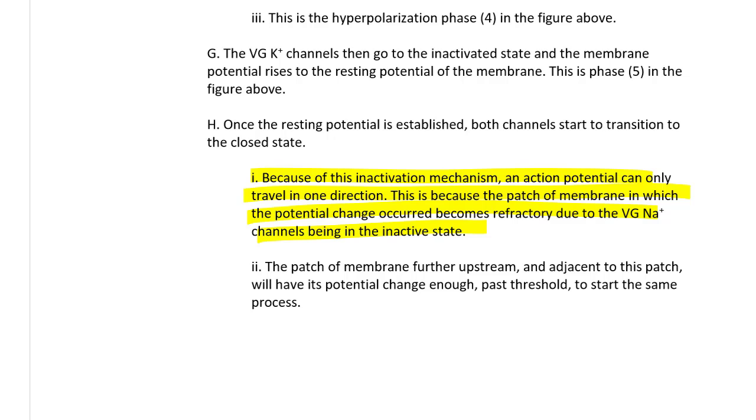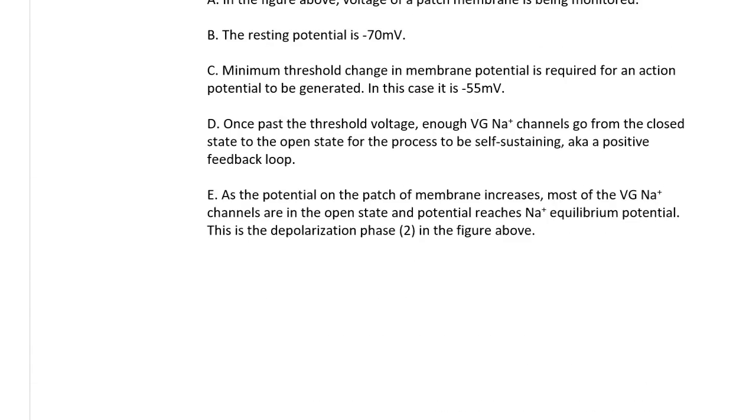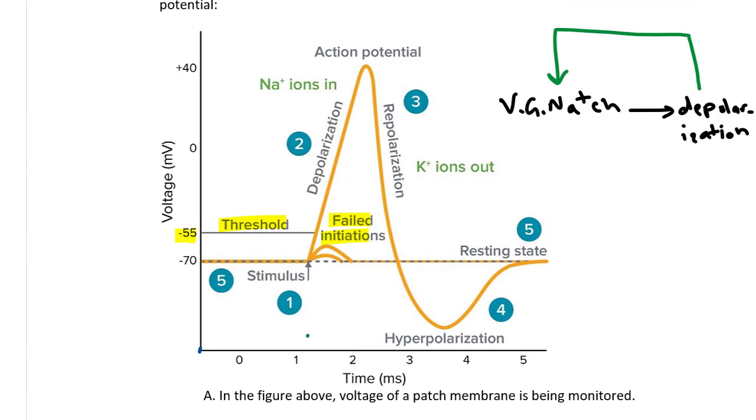And let's go back to the picture above before we continue. So we said before that the voltage-gated sodium channels, they're going to be right here to here, in the closed state, right? And then from here to here, at least some of them are in the open state.